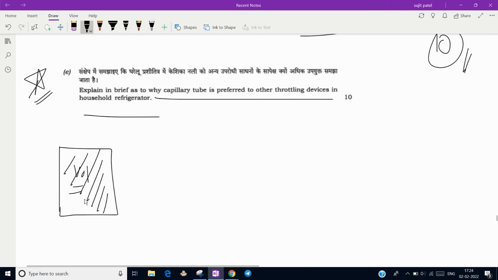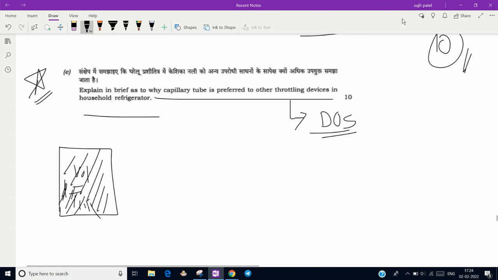The variation is not so much, and in throttling device like thermostatic expansion valve, the main thing is degree of superheat that we have to control, and we have to put the accurate mass flow rate based on the condition, because if there is slightly some variation of underflow or overflow of the refrigerant, then it will cause more damage and more adverse effect on the compressors as well as in the condenser or capillary tube in bigger system like industrial refrigeration.